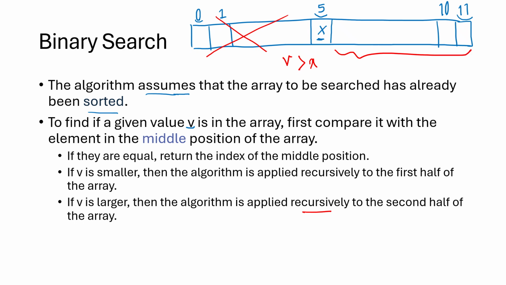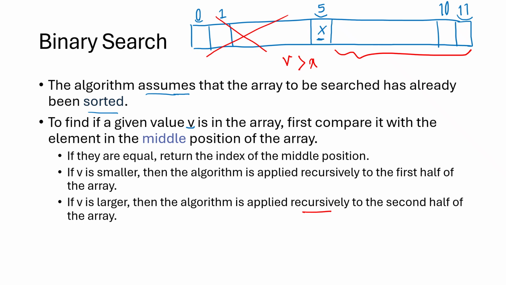Okay, so in these three cases, it's either that we are lucky and we immediately find the target value, or we need to make a recursive call either on the first half or the second half of the sequence, which means after each recursive call, the size of the sequence gets halved. And as a result, even if you start with a very long sequence of integers, let's say 1,000 numbers, after the first iteration, it reduces to 500, then 250, then 120, then 62, and so on.